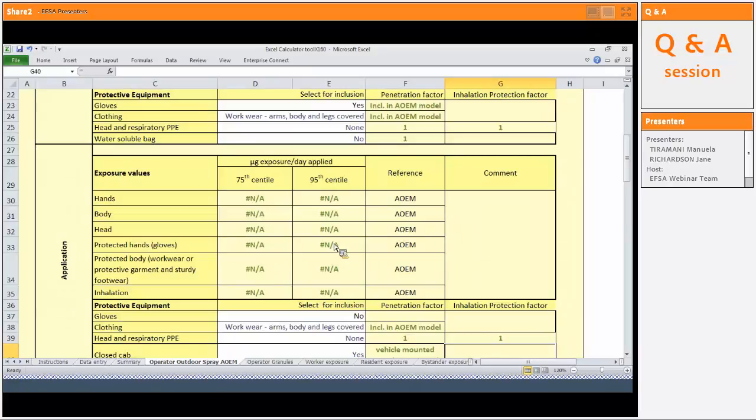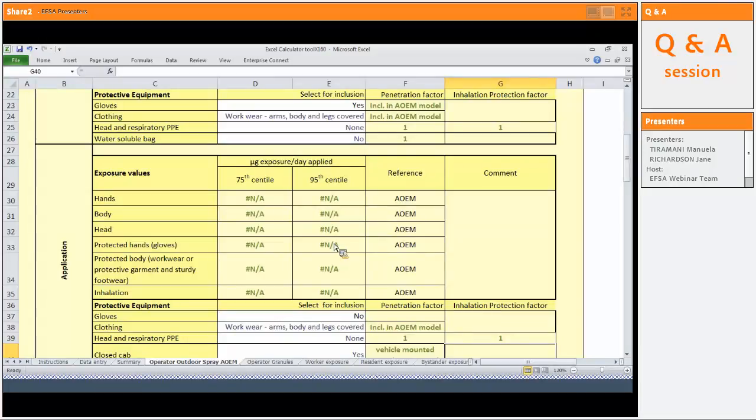Definitely, the more DFR data we have, the better, because these will support the refinement of the calculations we have. And a work that we are currently doing is also in this direction. Okay, anything else, Jane, that you see?